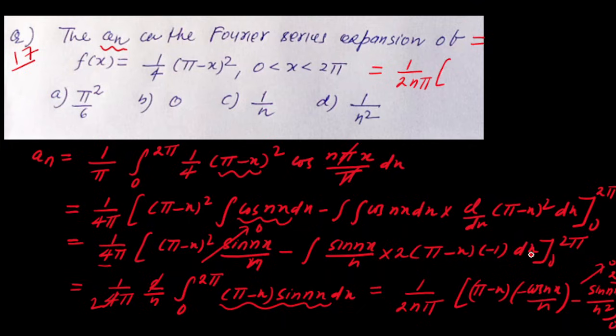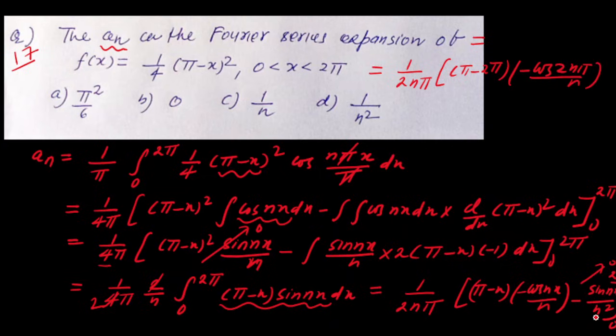If I put the upper limit here, and I can take this minus also, for your convenience, okay, let's continue with this. So I write upper limit, pi minus 2 pi, here in place of x, and then I get minus cos 2n pi by n.